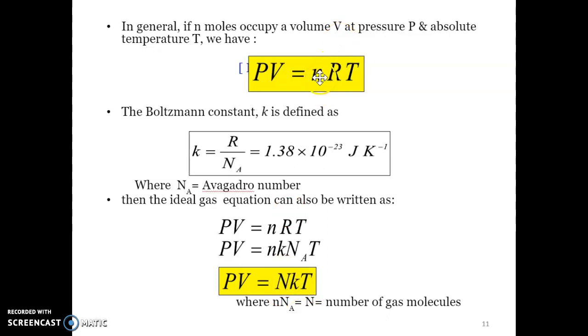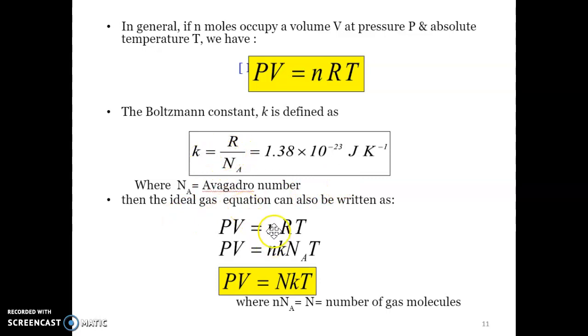Here is small n, but here is big N. Big N is the number of molecules, small n is the number of moles, so they are different things. To relate these two equations, we have to know this relation: k, the Boltzmann constant, is equal to the molar gas constant R over N_A, the Avogadro number, which is 6.03 times 10 to the 23 molecules. So it's the number of molecules in 1 mole.